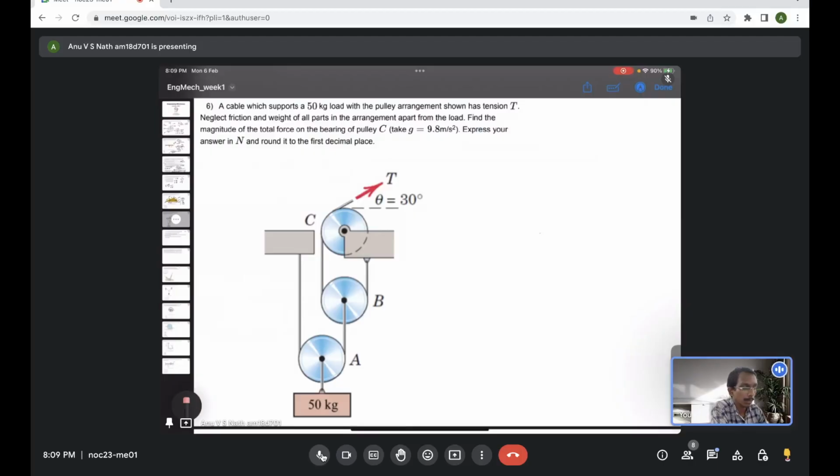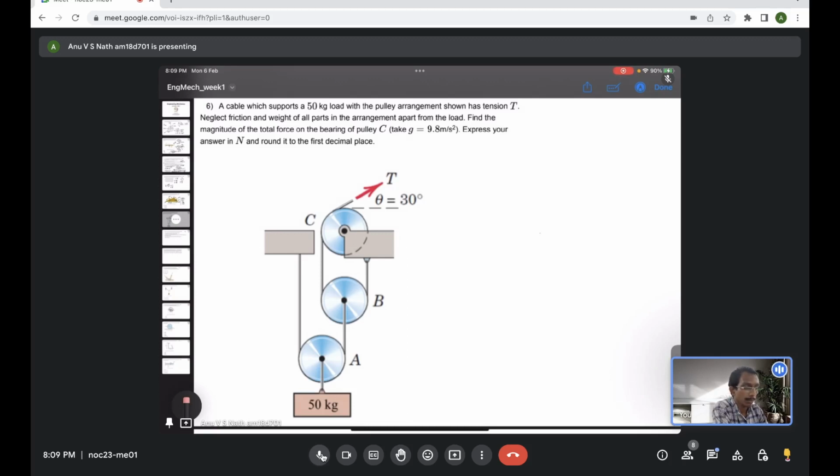We have three pulleys A, B and C. It is also given that the pulleys don't have weight, only the extra weight of 50 kilogram, which is acting at the center of pulley A. Each pulley can also have tension, since the pulleys are attached through strings, so the tension will be transmitted along the string. So only these two forces are there, tension and the weight of 50 kilogram.